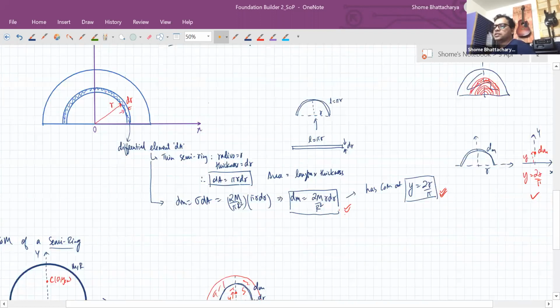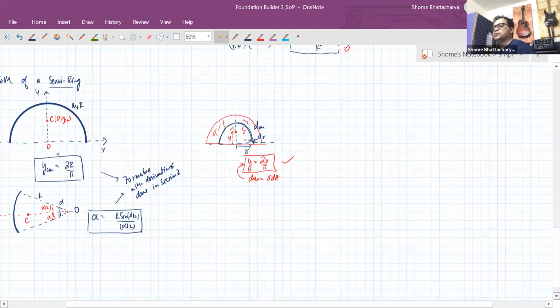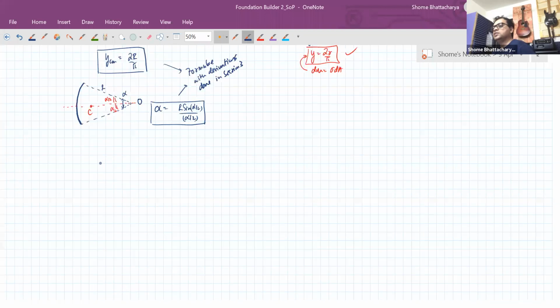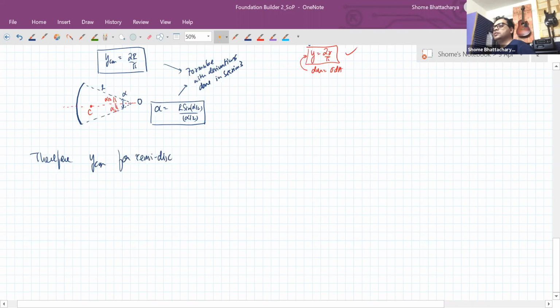So coming back to the full semi disk, therefore ycm for the semi disk, not the semi ring, this whole semi disk is being divided into semi rings like this, where we just saw a semi ring.